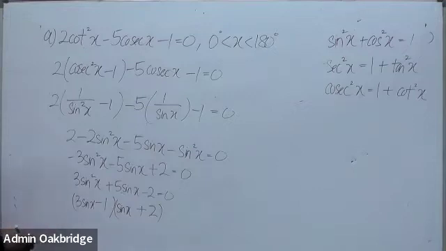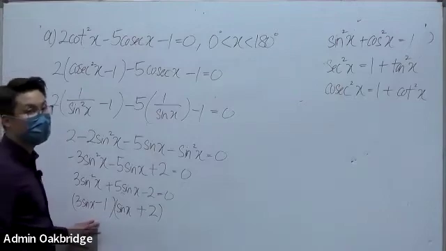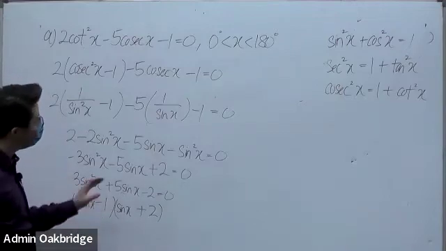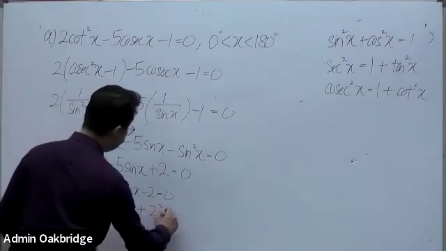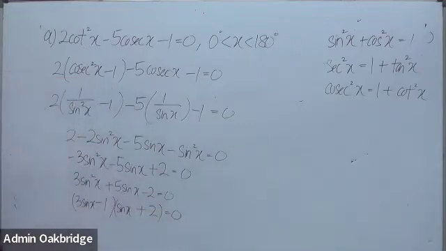Of course, you can do the substitution here. You can let the u equal to sine x, no problem. And then you go back to the substitution. After you solve for the u, you go back to the substitution. Like this one, I skipped the substitution. I should always solve for the sine x. Now I think I can get it.